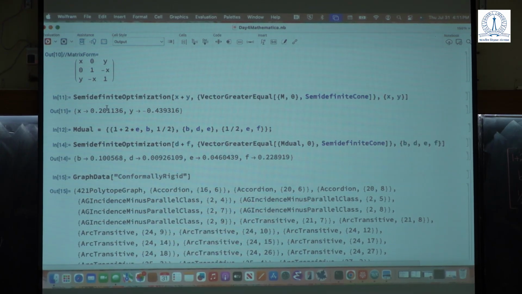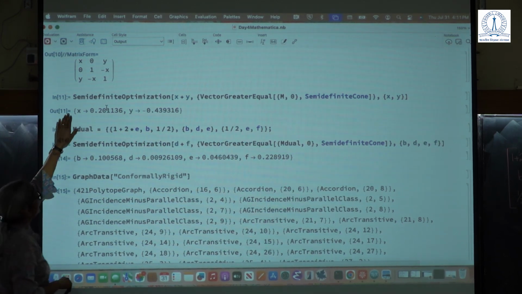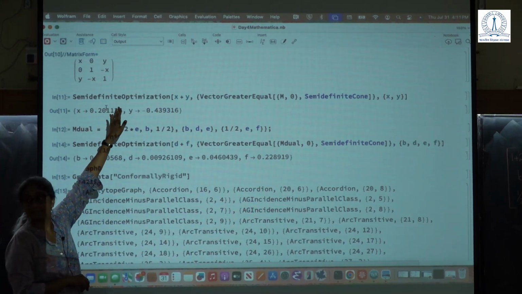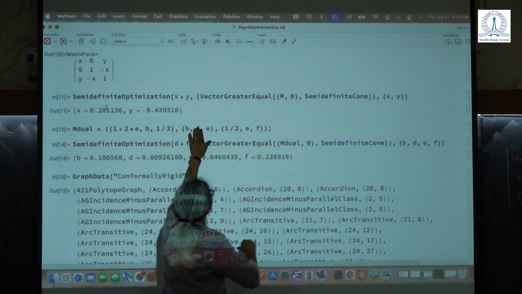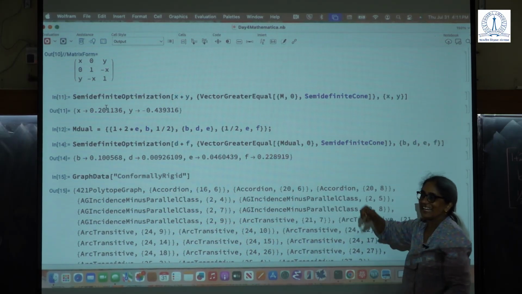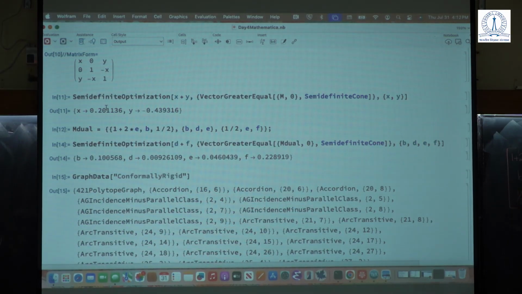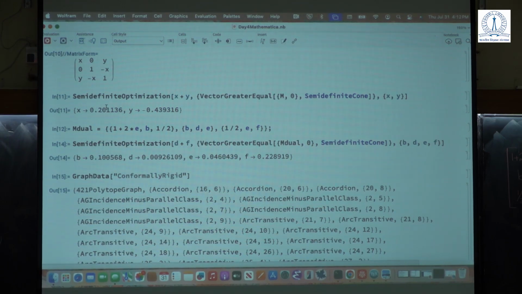Then there is this funny looking command, which is just saying that this matrix is PSD, okay? So what's the command? It's vector greater equal M, 0, semi-definite cone, okay? So that means in the semi-definite cone, I want M to be greater equal to the 0 matrix, in the Loewner order, okay? I'm requiring M to be greater equal to 0.